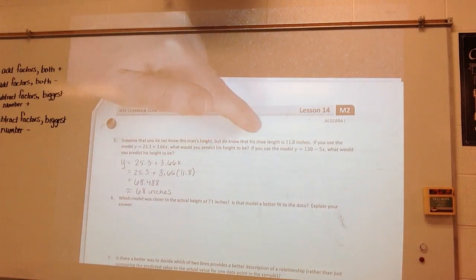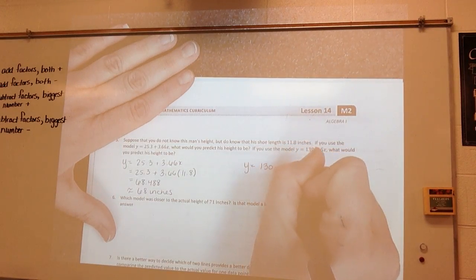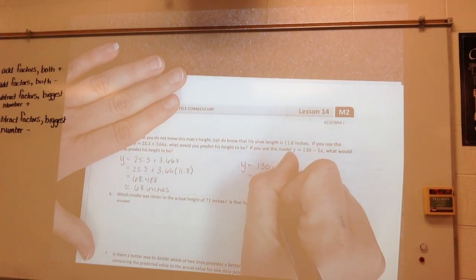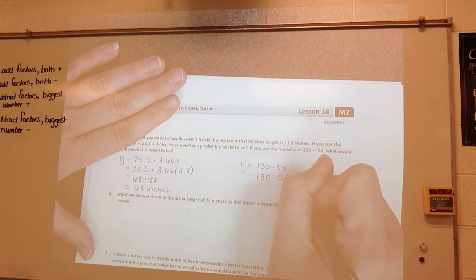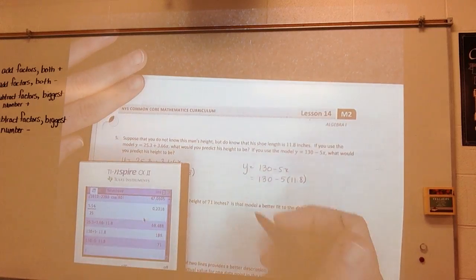Alright, now it says if you use the model y is equal to 130 minus 5x, what would you predict his height to be? We're going to do the same thing. Plug in 11 and 8/10 for our x, and I get 130 minus 5 times 11 and 8/10, which gives me 71.